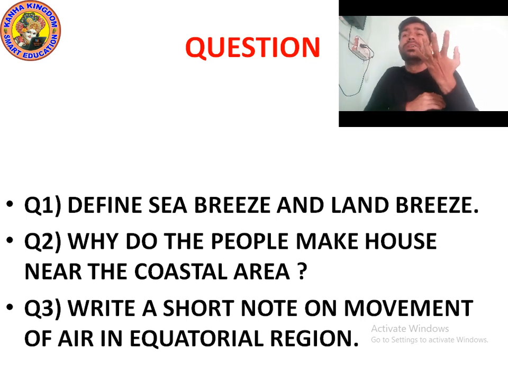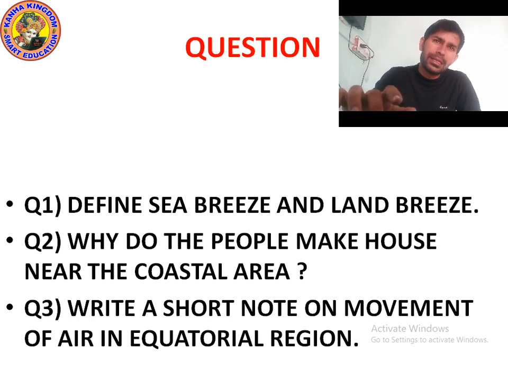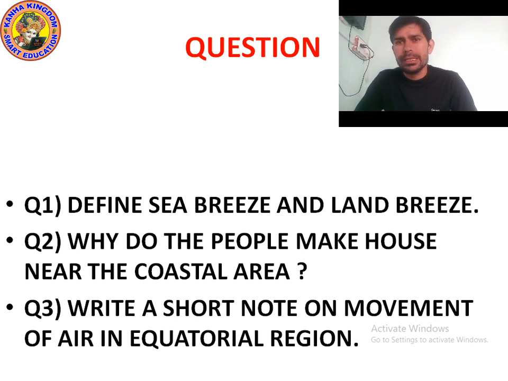Warm air from the land rises up and creates an area of low pressure near the ground. The low pressure zone is filled by the cooler air from the ocean surface. This gives rise to the sea breeze and it causes the coastal area to get cool. That's why people make houses near the coastal area.